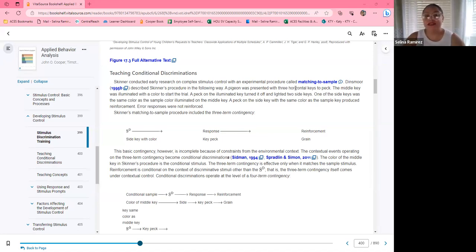And if he picks the one that's incorrect, he's not going to get his treat. After a while, he'll start to realize, oh, okay, he wants me to pick the one with the same color. And so that becomes the SD for reinforcement, and the other key becomes your S delta. The S delta is signaling that reinforcement is not available.